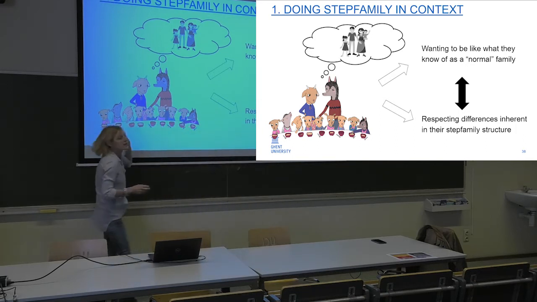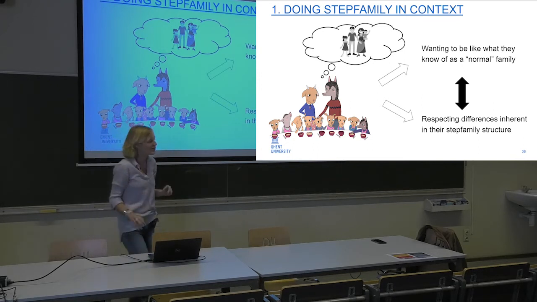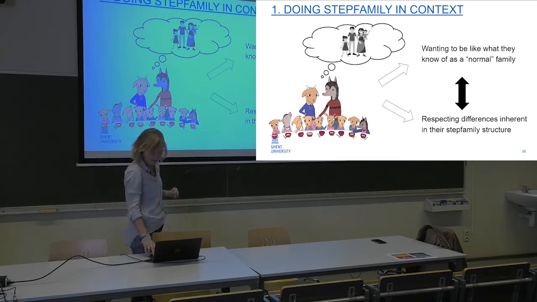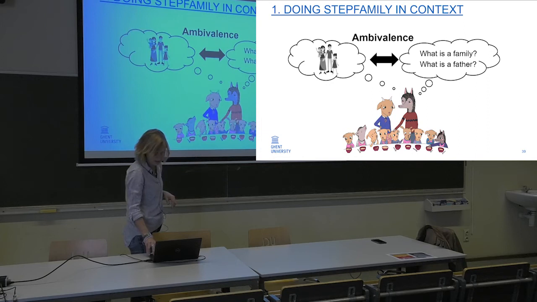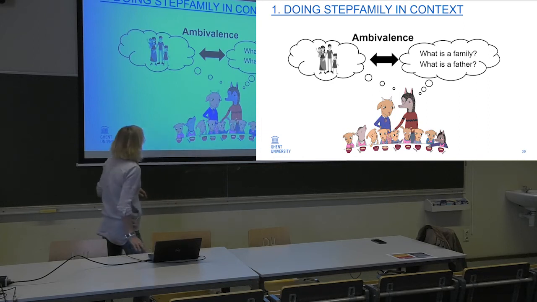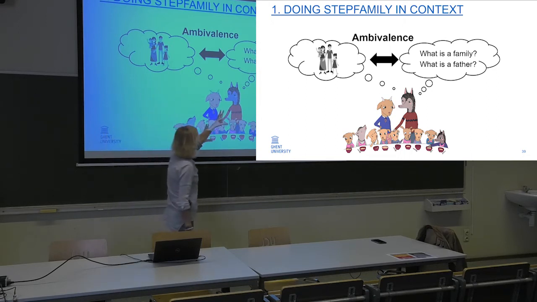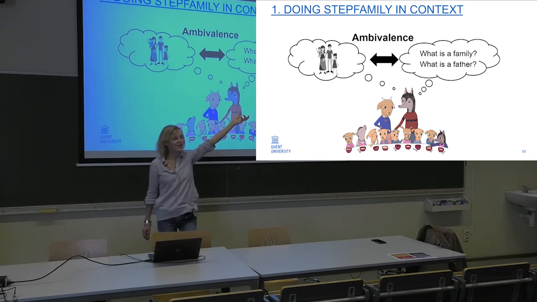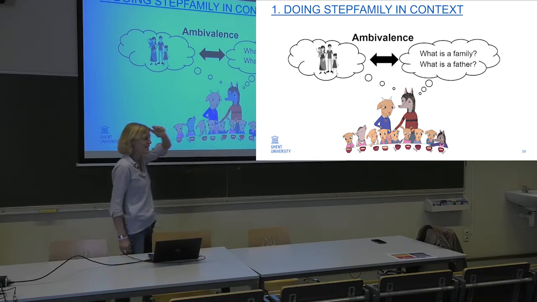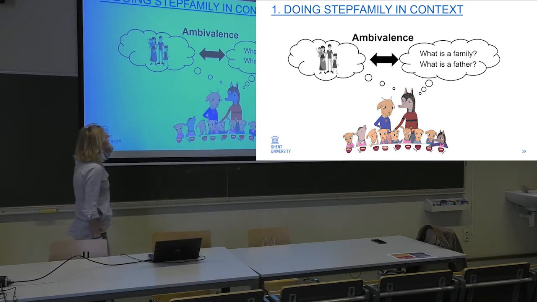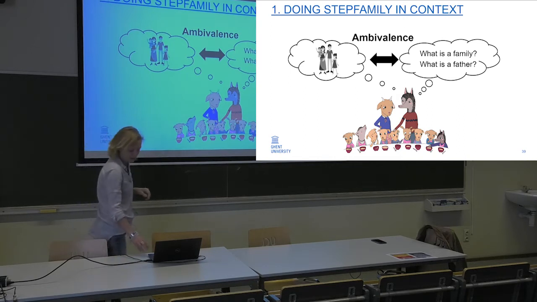You clearly see that they are not all from the same family. So that's something that appears in every kind of family that we study. The role ambivalence: the only thing they have in mind is a traditional family. And so what is a family, what is a father? A lot of reflections about what it is to be a father in such a family.